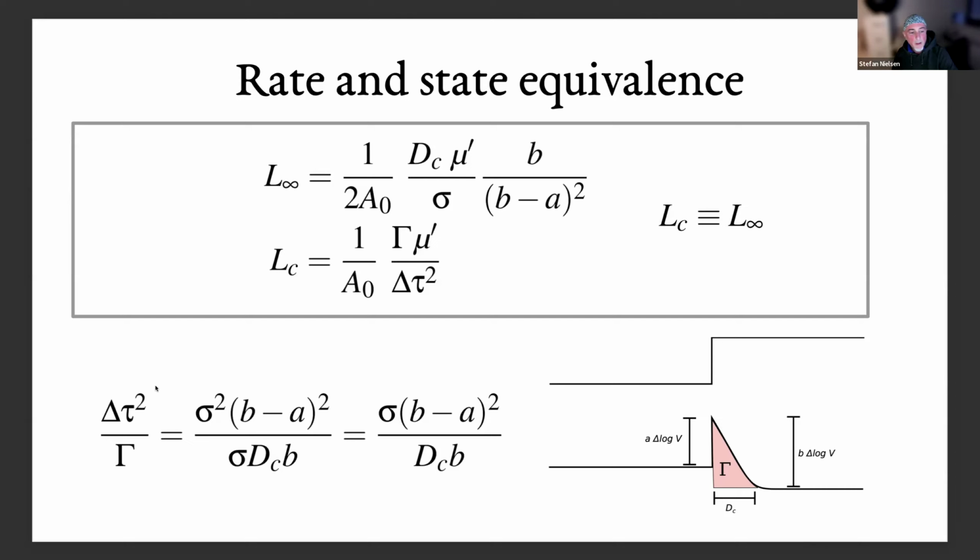And therefore, the stress drop squared is equal to sigma squared times B minus A squared. And the dissipation is equal to Dc times B. Sorry, sigma times Dc times B. So in this case, you can simplify once with sigma, and you have no sigma terms at the denominator.